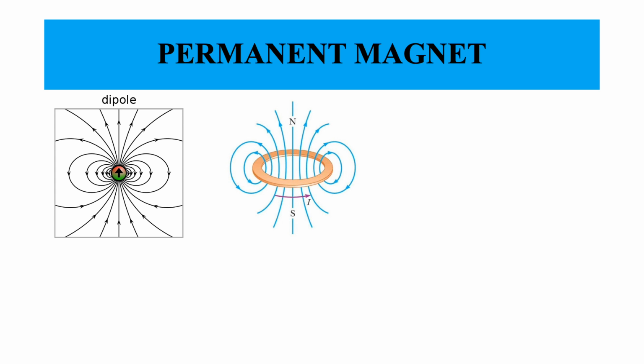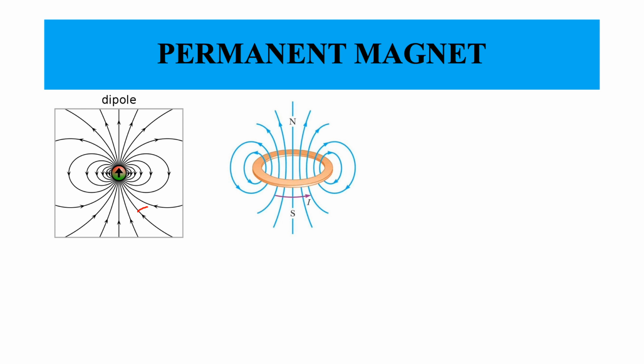Which actually means that I can think of a current carrying loop as an equivalent dipole, except that I do not have electric charges.